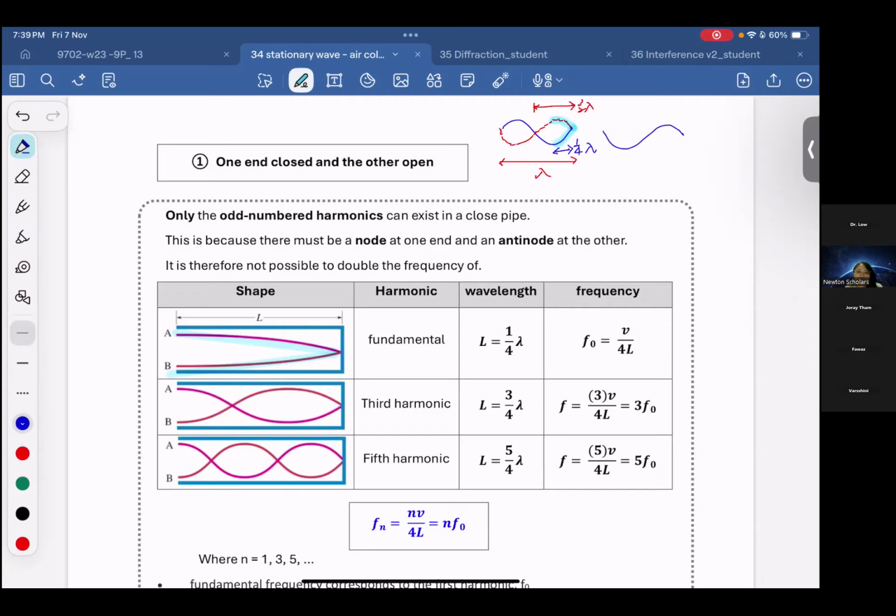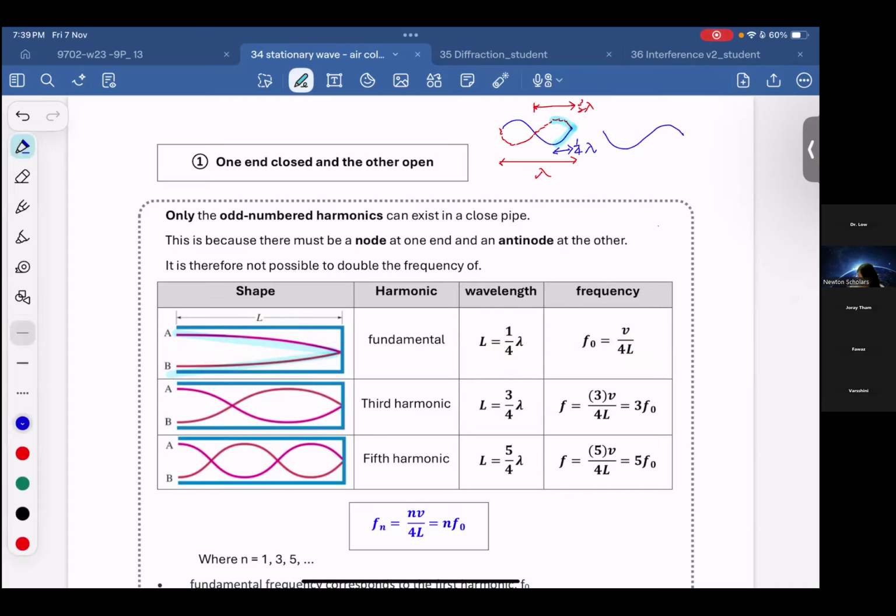For the first case, the pattern of the stationary wave, the fundamental case, we find that this length represents 1/4 wavelength. So the wavelength is actually 4L.